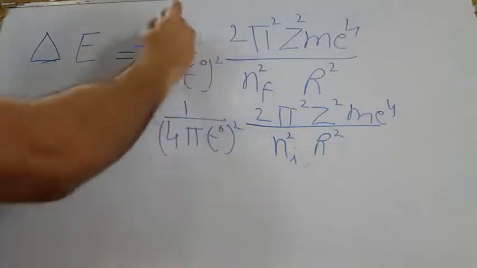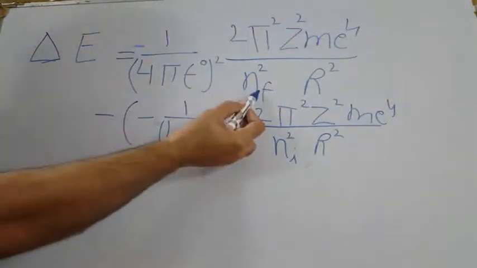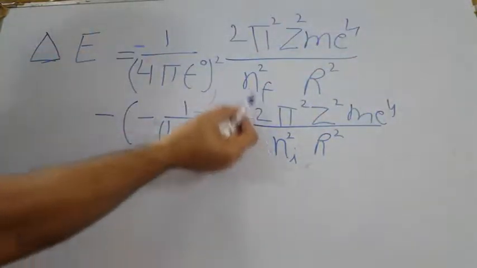So this is the equation for E final, and the only difference is what? That is the n, the number of the orbit.